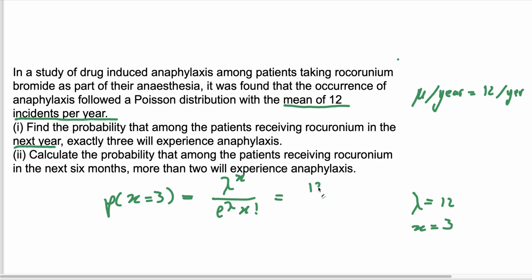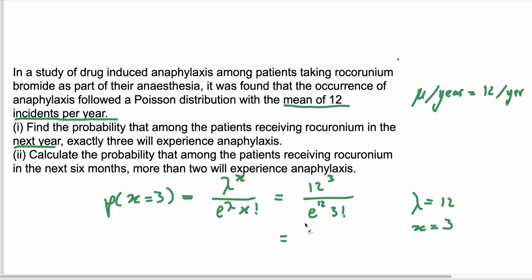So you have 12 to the power of 3 divided by e to the power of 12, and then 3 factorial. Now put this in your calculator the way it is.